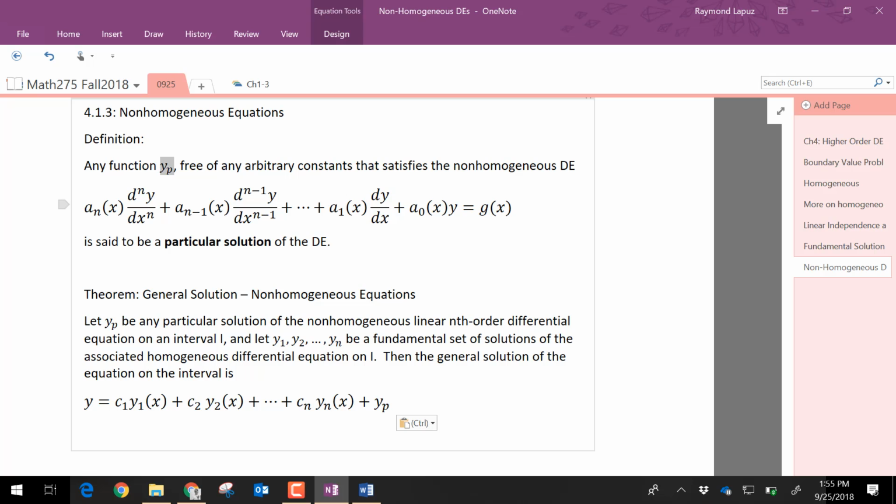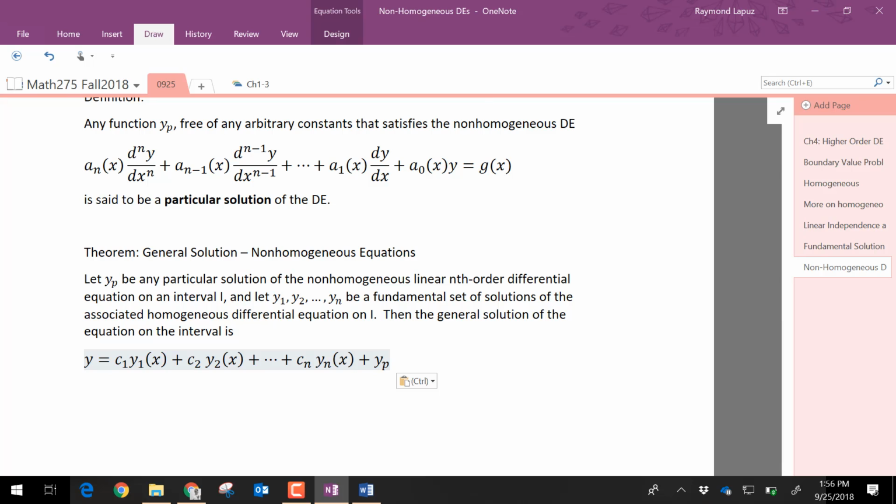If y sub p is a solution to a non-homogeneous differential equation, that's called a particular solution. Not only that, the general solution for your non-homogeneous differential equation would be your solution to your homogeneous differential equation plus that one particular solution that you found for your non-homogeneous differential equation.